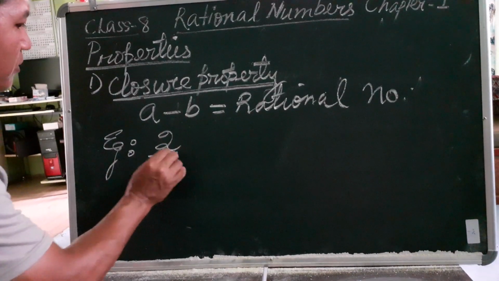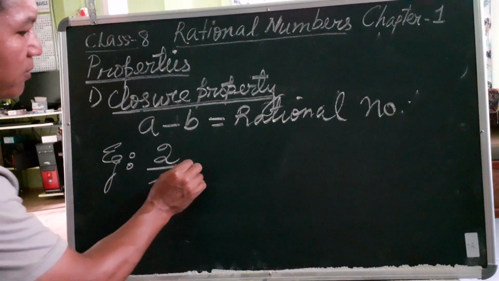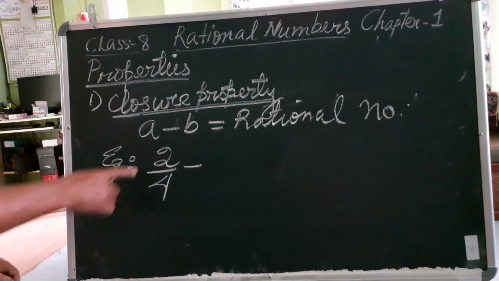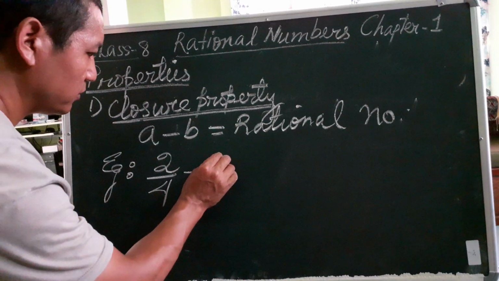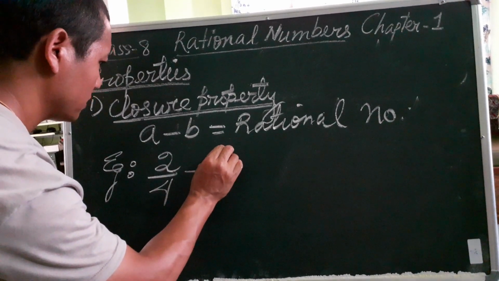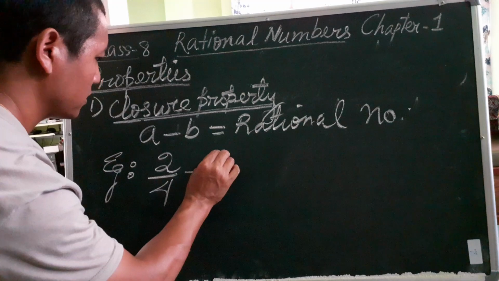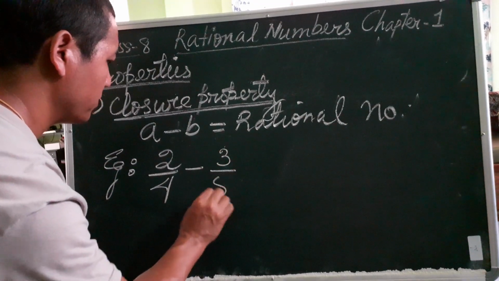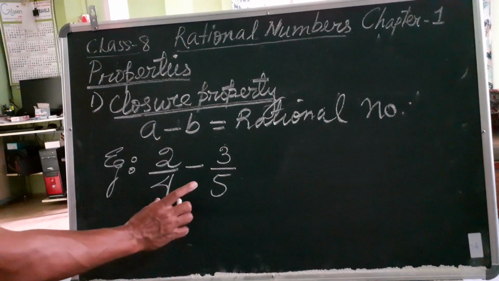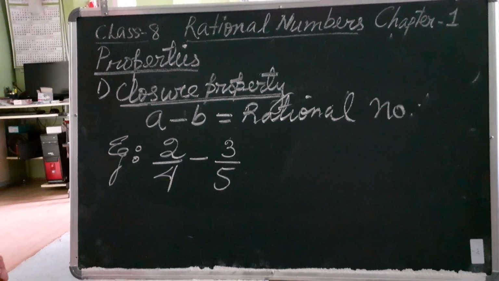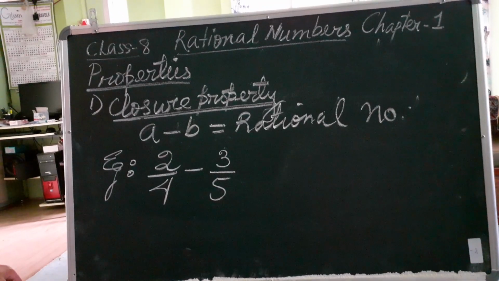2 by 4 is a rational number, and 3 by 5 is a rational number. When you subtract these two rational numbers, you will get another rational number.